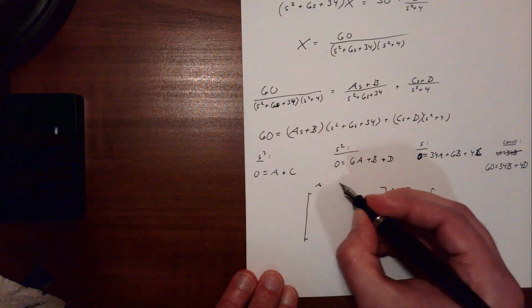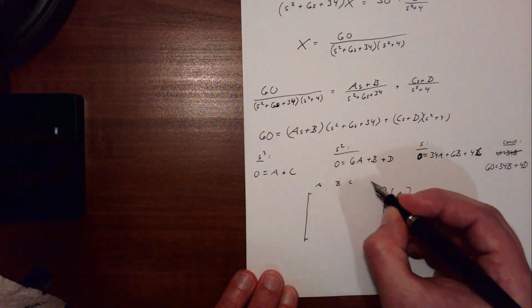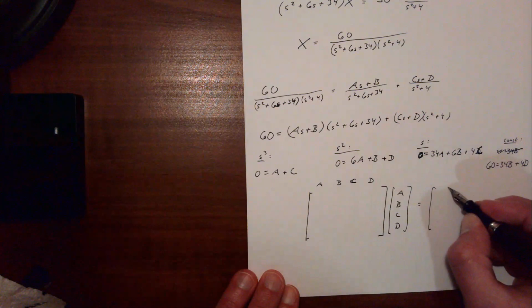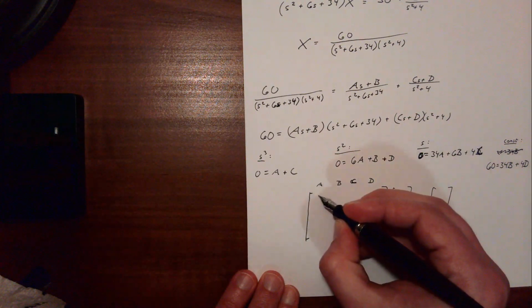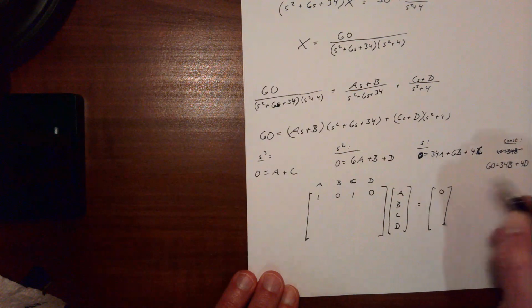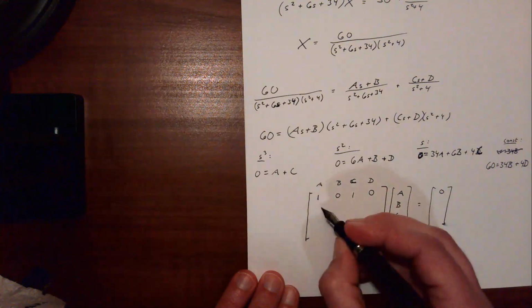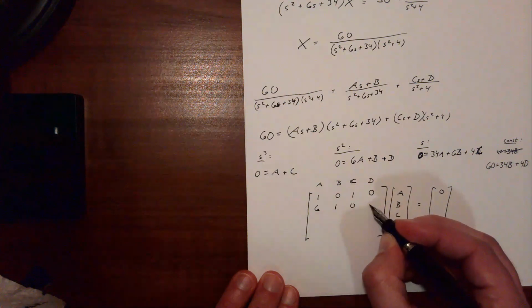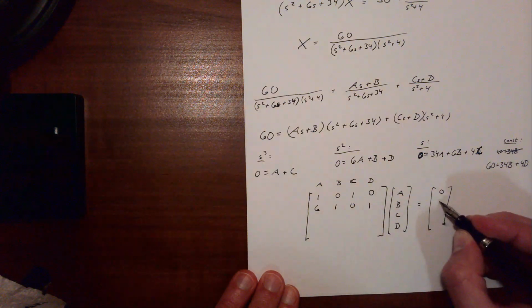So we're going to have A, B, C, and D columns. And so we'll have 1A, 0B, 1C, 0D equals 0. Over here, we're going to have 6A, 1B, 0C, 1D equals 0.